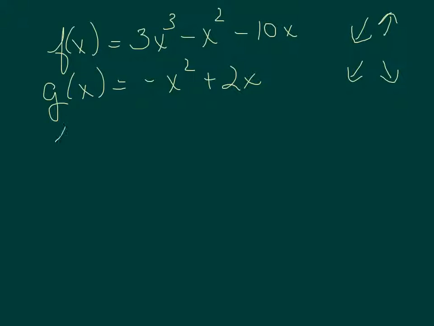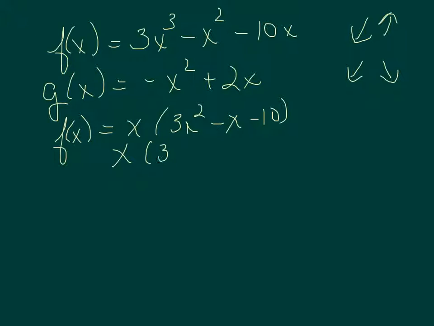So for f of x, I'm going to factor out an x, and we'll have 3x squared minus x minus 10. And I think I can factor if I do a 2 and a 5, that's going to give me 10.